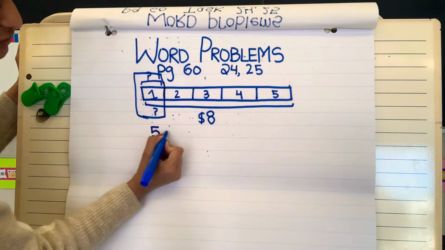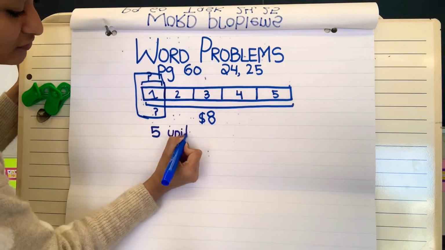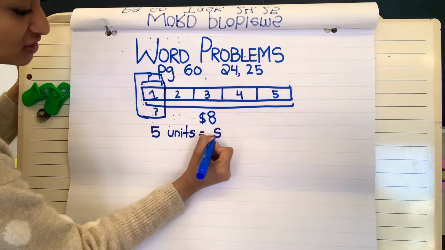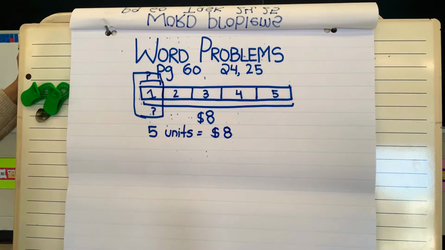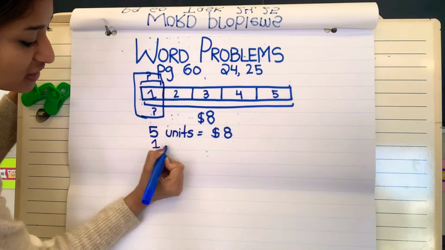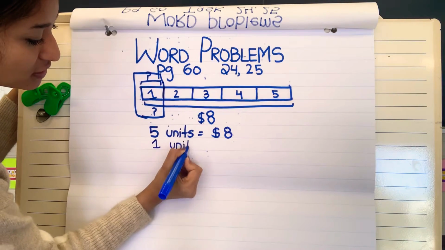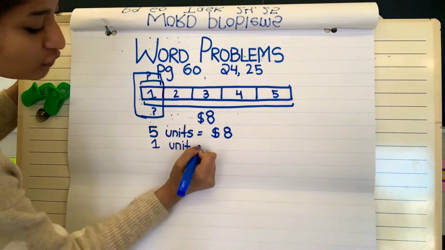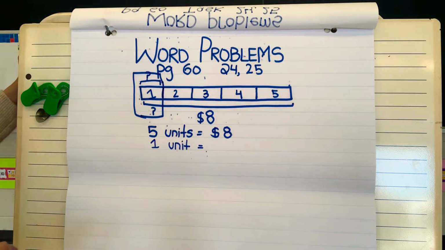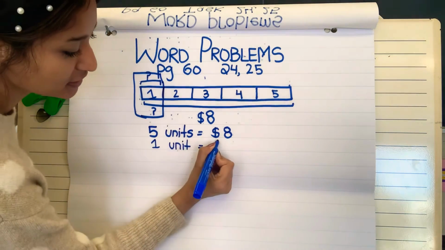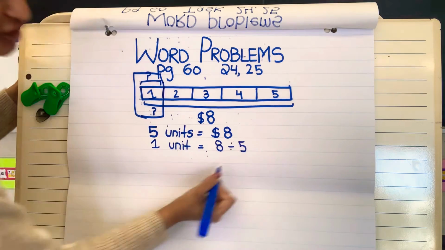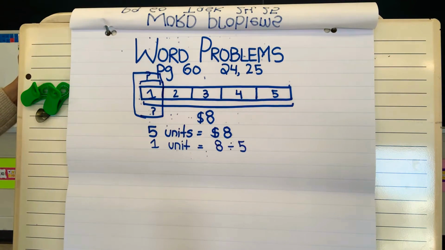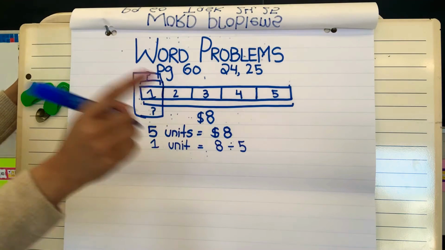So we know 5 units equal $8, that's the information we have. 1 unit, that's what we are going to look for. We are going to divide 8 by 5 to find 1 unit.